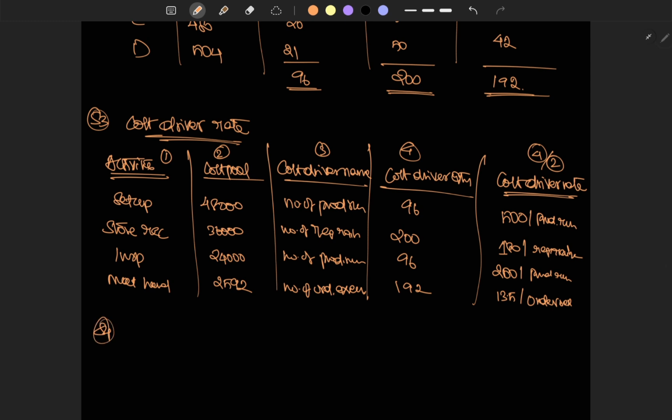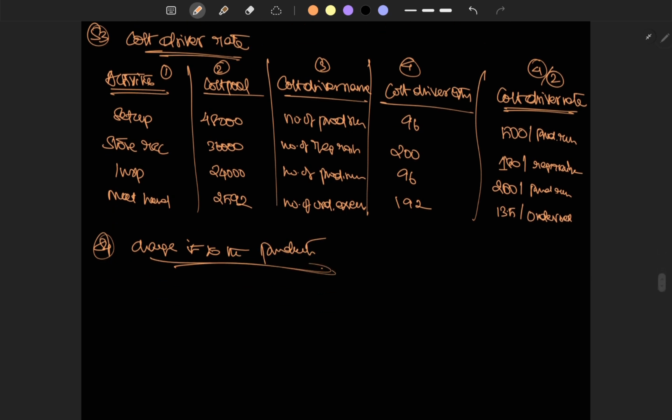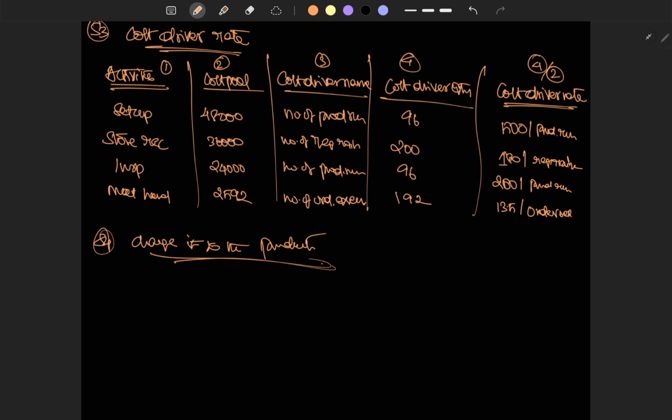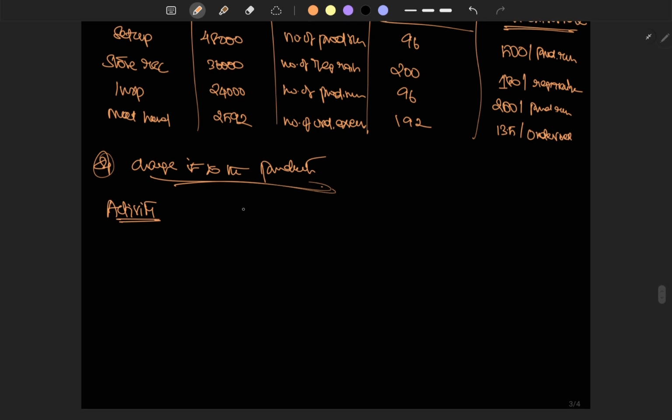And the fourth step is charging it to the product. This is a crucial step in the ABC costing part. So I've structured it. Let's see. First, what we have to put here is activity, and products A, B, C, D. We have to charge it to all these products, right?